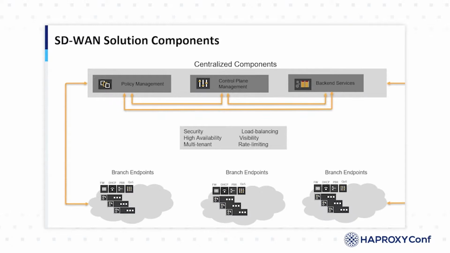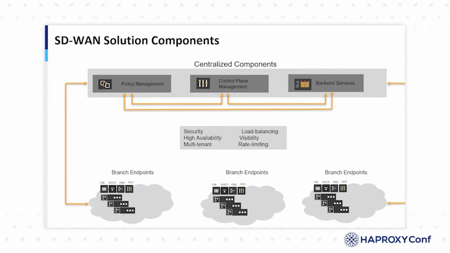Unlike the old days when we had network devices where control and the data plane were all embedded in the network devices, distributed all over the place, SD-WAN takes the control plane from the individual network entities and places it in a centralized location. And there are, again, advantages to that.